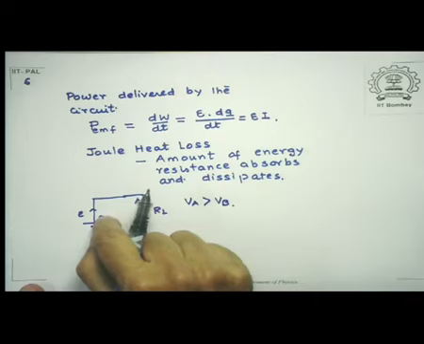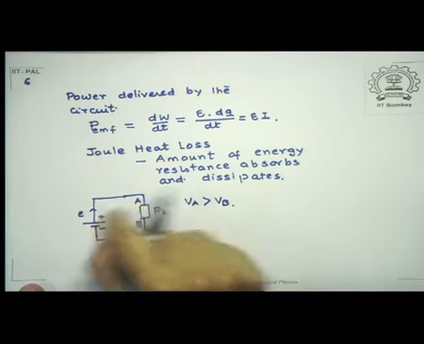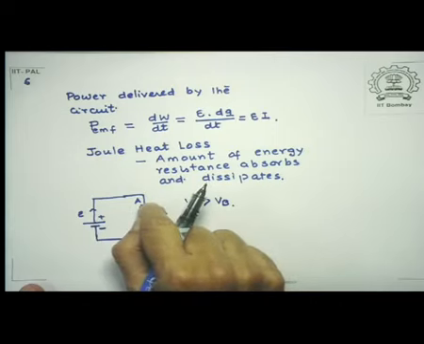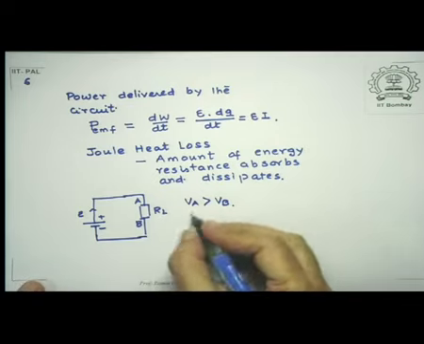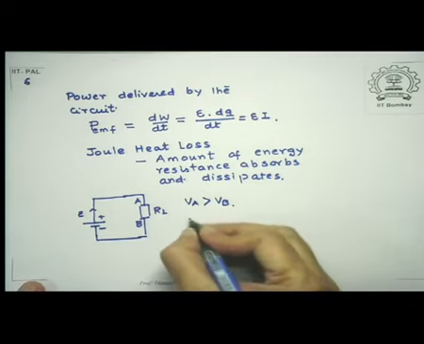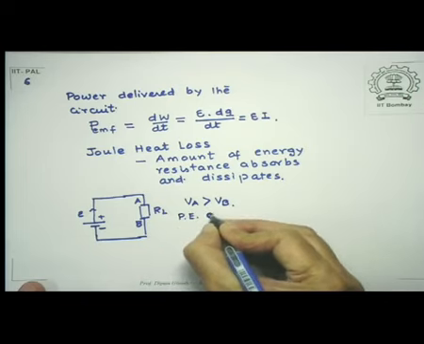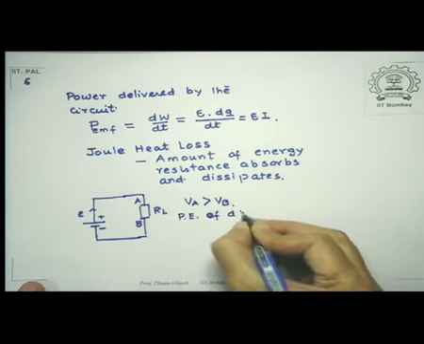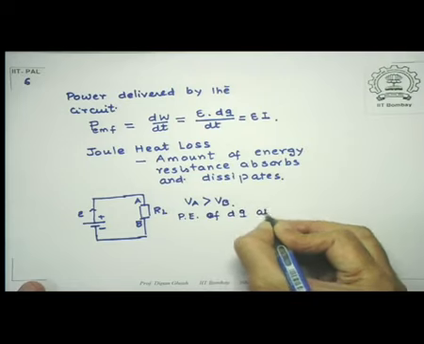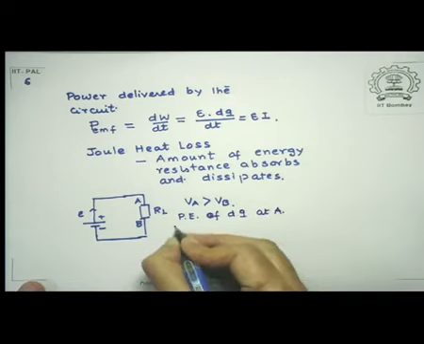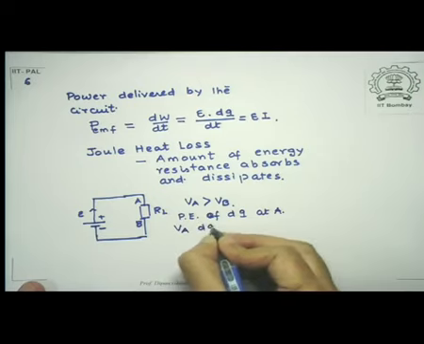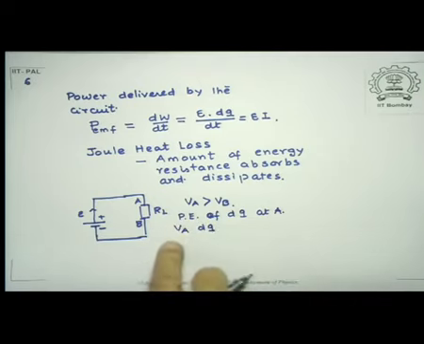So if a charge dq comes from this terminal to the point A, the potential energy of that charge is VA times dq, and at B it is VB times dq.